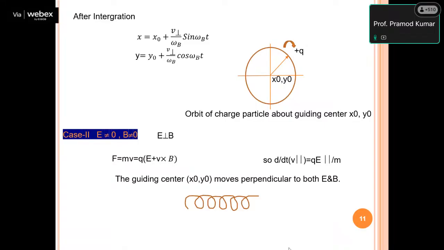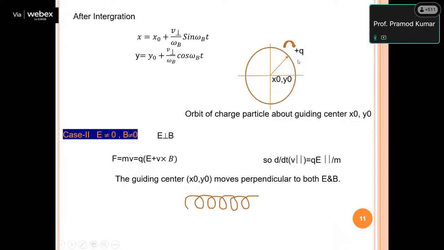And if you integrate with respect to t, we can easily get x equal to x0 plus V perpendicular over omega B sin omega B t, and y equal to y0 plus V perpendicular over omega B cos omega B t. So what are we finding from here? We are finding that this electron is orbiting, in this orbit of a charged particle, about the guiding center x0, y0.